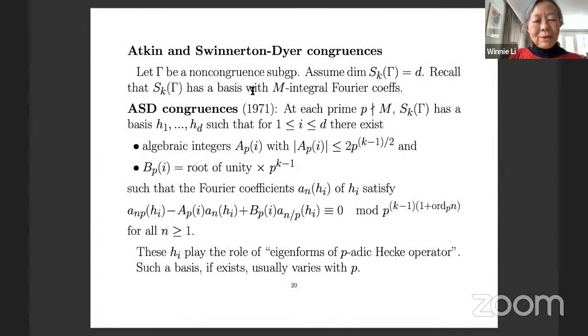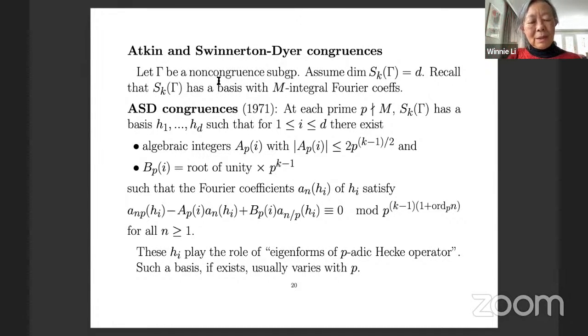So in general, let's assume that we have a non-congruence subgroup Gamma with the dimension of the space of weight k cusp forms equal to d. And we assume that this curve X_Gamma is defined over Q such that the cusp infinity is a Q-rational point.